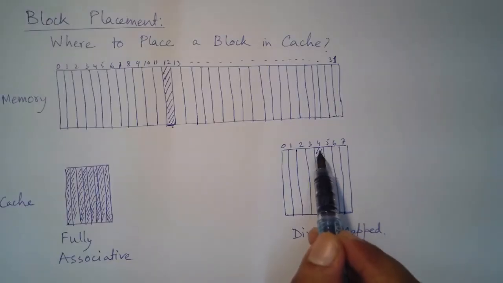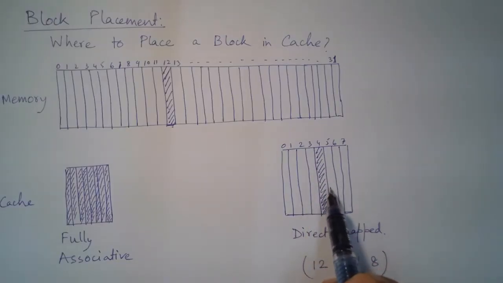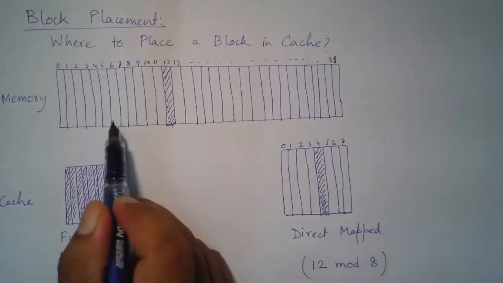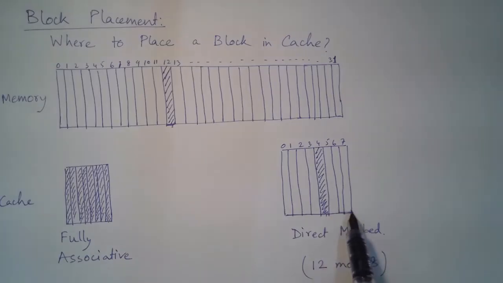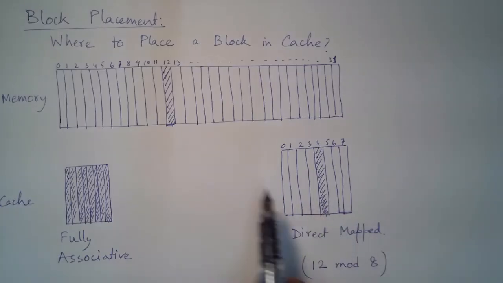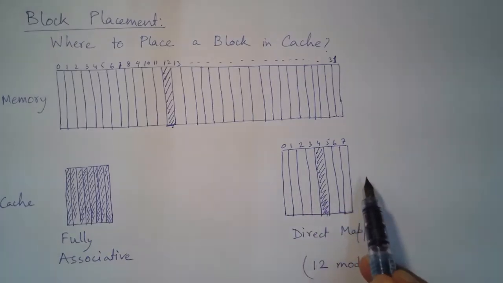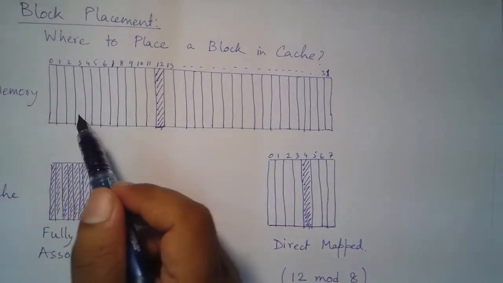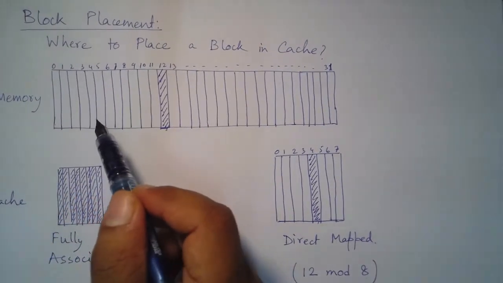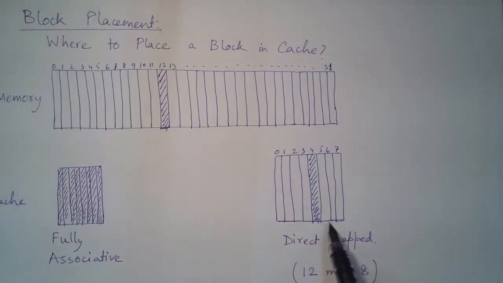So what if you have some previous data? You have to evict it, and if you need to bring block number 4, you have to put it in this block itself. Now, it might happen that the other blocks are unused, but in that case you do not have the flexibility to put the block in other blocks. You have to always put block number 12, block number 4, block number 20 in this block itself.